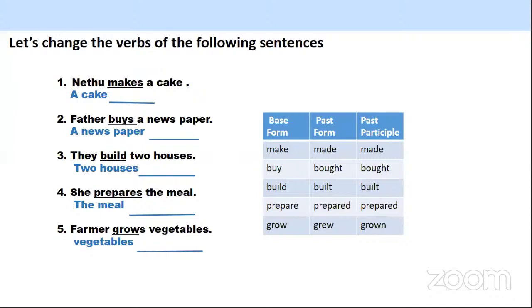You should use not the base form, not the past form, but the past participle form here. Okay, I will give you another 2 minutes to write down the passive verb. Quickly do it.